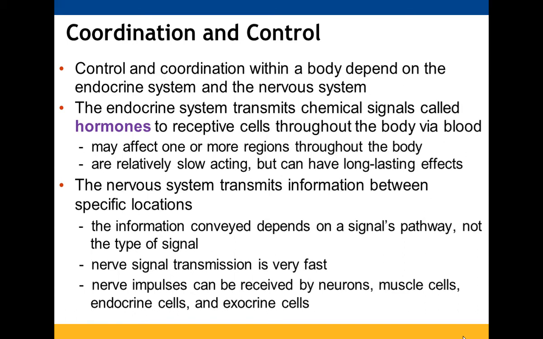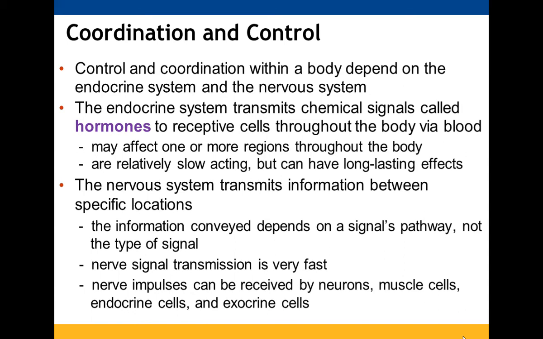They will take a little bit of time, but they do last for an extended period. The nervous system is more short and sweet. It gets that it needs to send out a signal, and so it does it pretty quickly. The information being sent is based on that particular pathway, not on what type of signal you're sending.